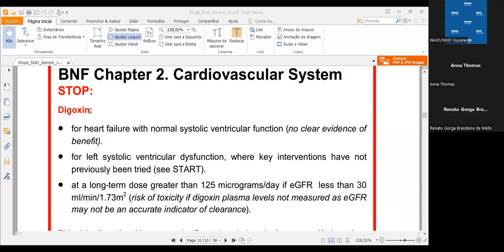Let's take a look at the cardiovascular system stop, the digoxin. Avoid prescribing this medication for heart failure with normal systolic ventricular function, preserved ventricular function. Avoid this medication for left systolic ventricular dysfunction, where key interventions had not previously been tried, like ACE inhibitors.